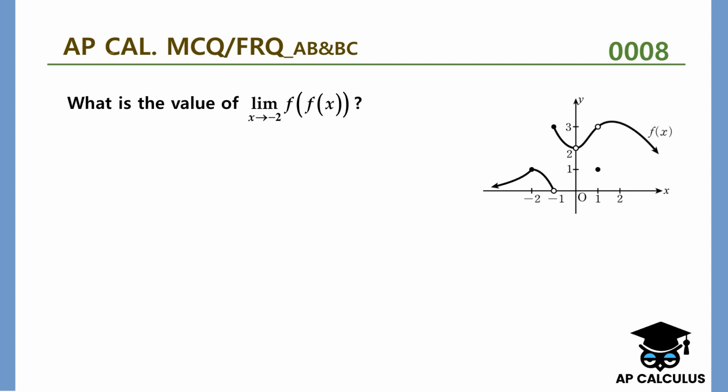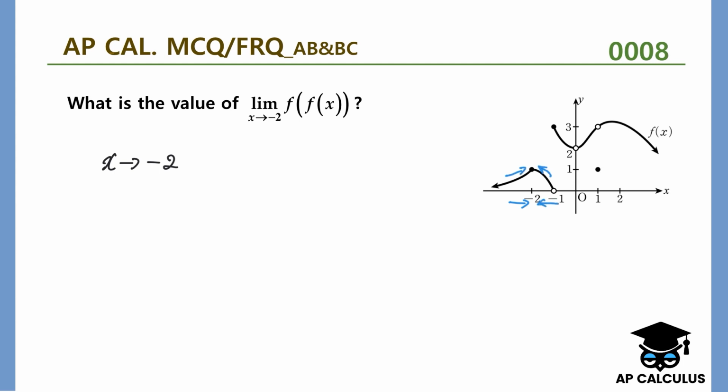Question number 8. What is the value of the limit as x approaches -2 of f of f of x? Okay, so x approaches -2 from the left-hand side. If x approaches -2 from the left-hand side, it approaches 1. From the right-hand side, it approaches 1, right?